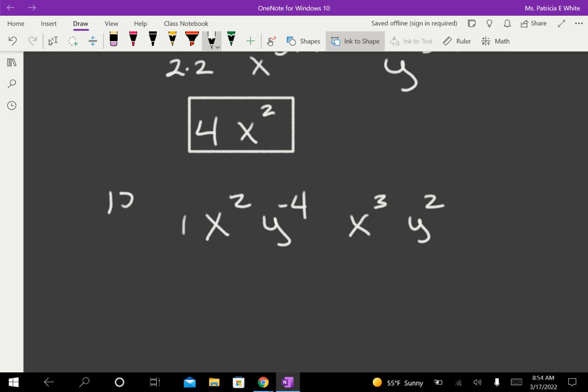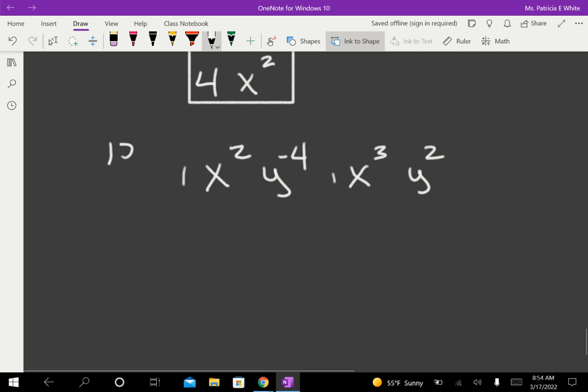All right, my coefficients are just 1, so it's just 1 times 1, and it's going to stay 1. You can put it there, or you can choose not to. It doesn't matter with that one. I have x to the 2 plus 3. Don't mix up your x's and y's. You've got to have the same base. And I have y to the negative 4 plus 2.